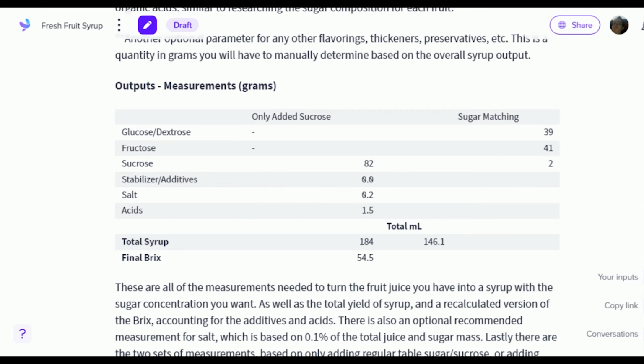And this is a theoretical concept I'm working on called sugar matching, where in theory, by matching the composition of sugar, you also get a better sense of the taste of the fruit, because sweetness is not only magnitude, like fructose is generally perceived sweeter than sucrose, but it also spikes early and fades quickly.